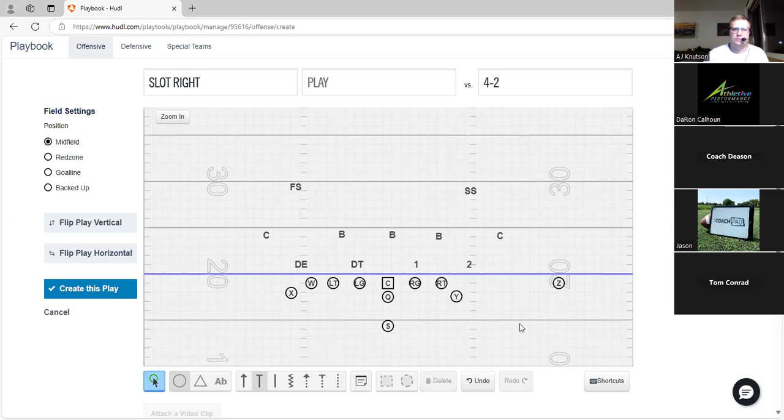What are you going to call stuff? Because from there, I've seen it many ways, and I know everybody on here has. You can run one formation and run 20 plays out of one formation.